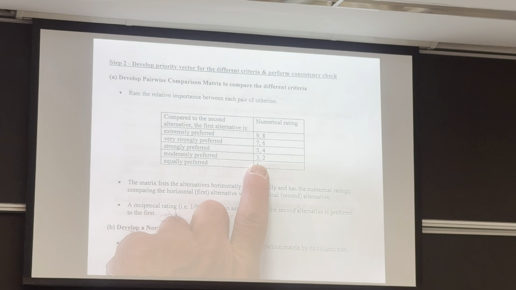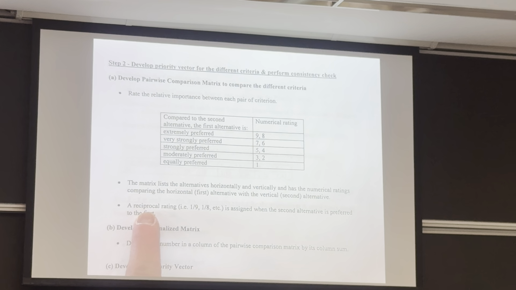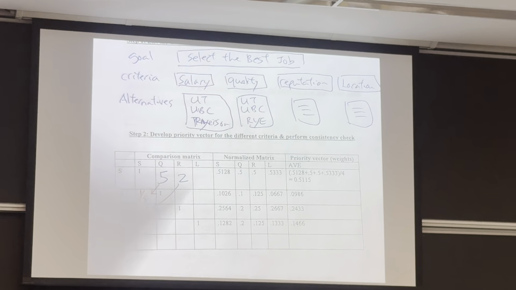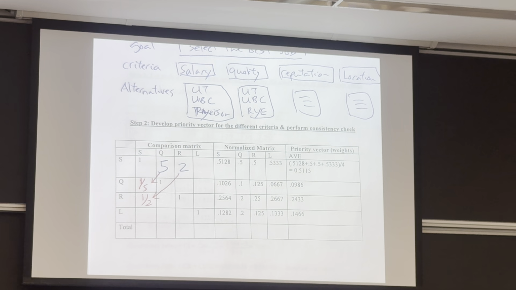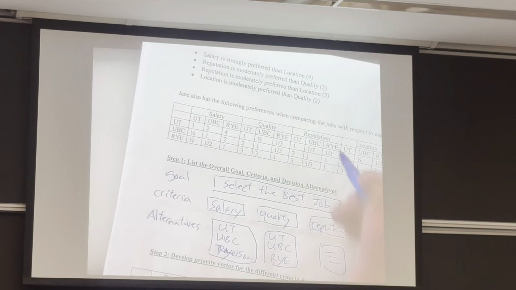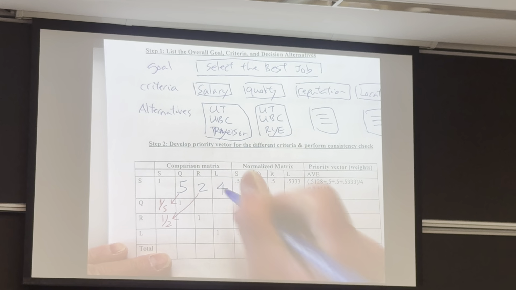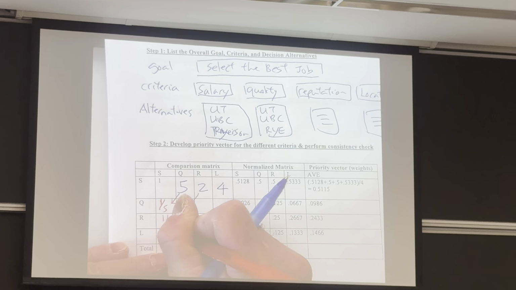So given the preference values here, you just give the reciprocal rating to the other comparison, right? Moving along, salary to location is 4, and so location to salary would be 1/4.